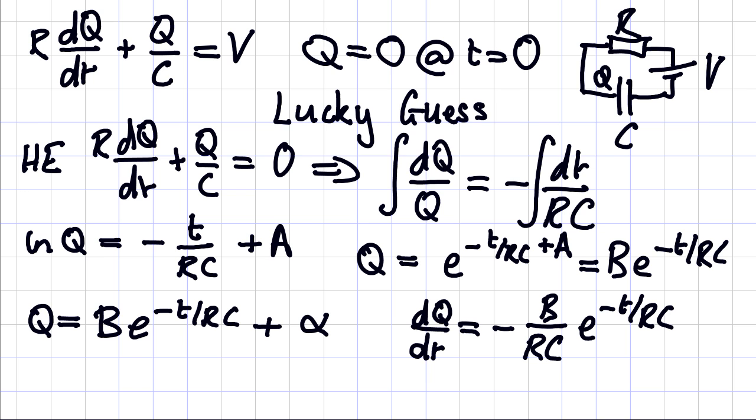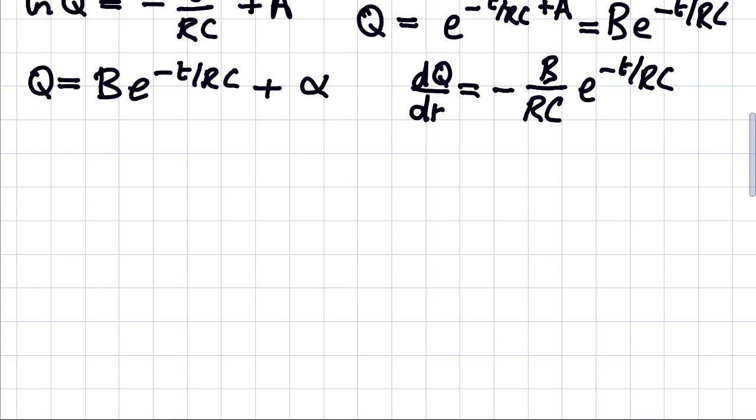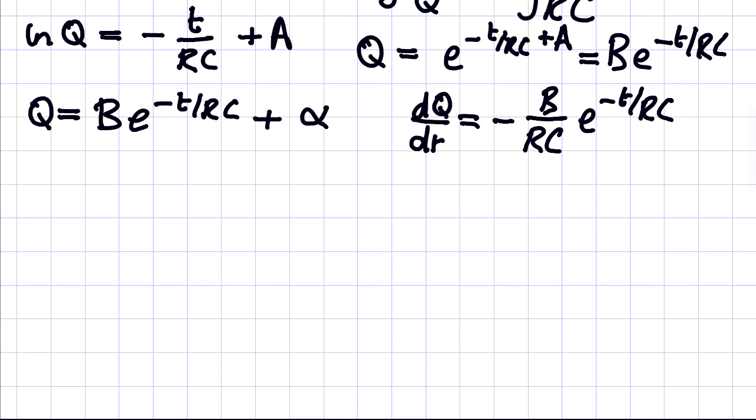So now we take our inhomogeneous equation, R dQ/dt plus Q on C equals V, and substitute in our guess.